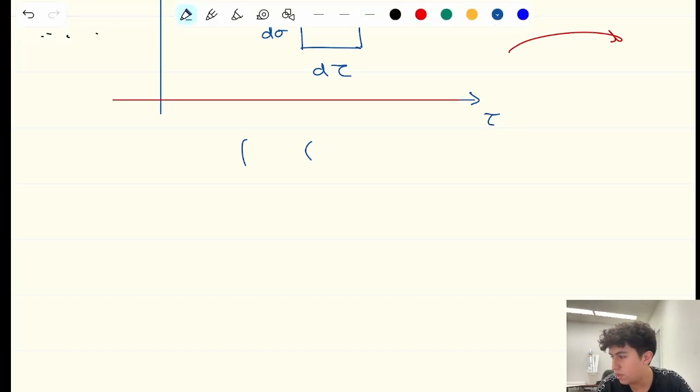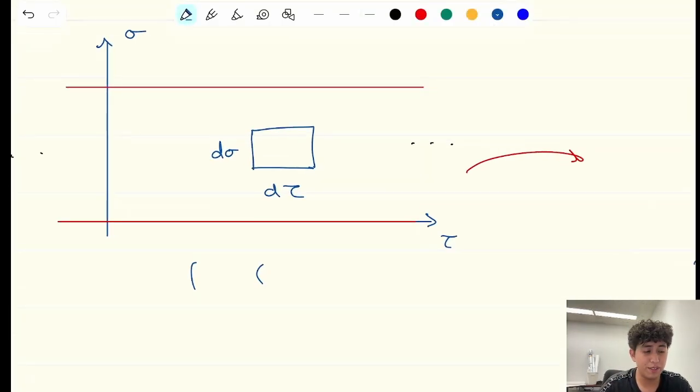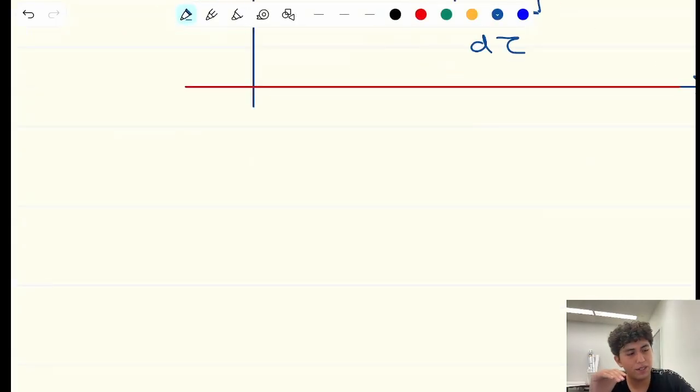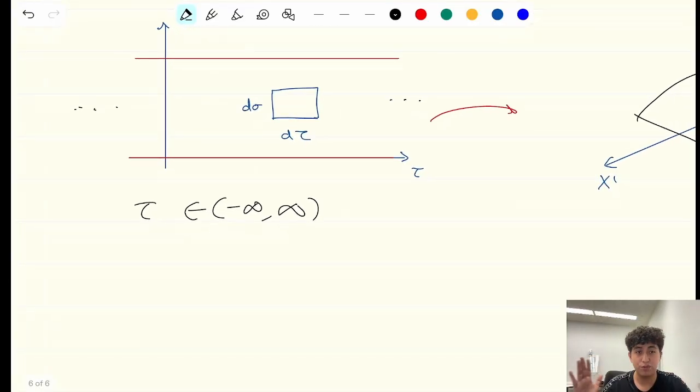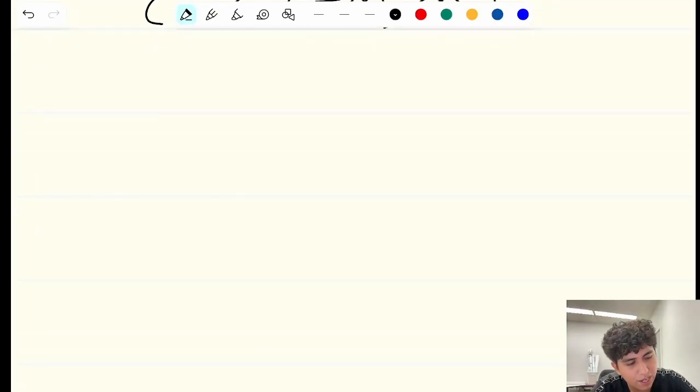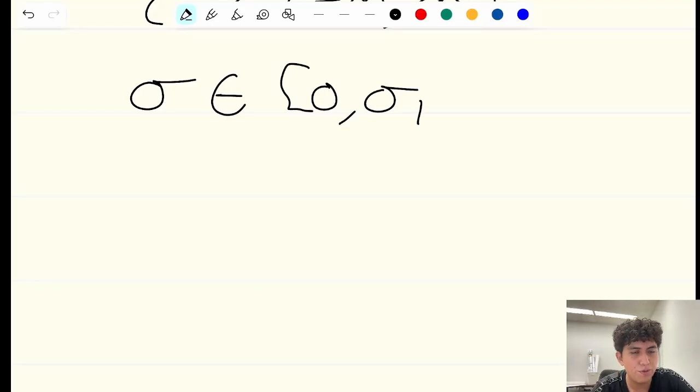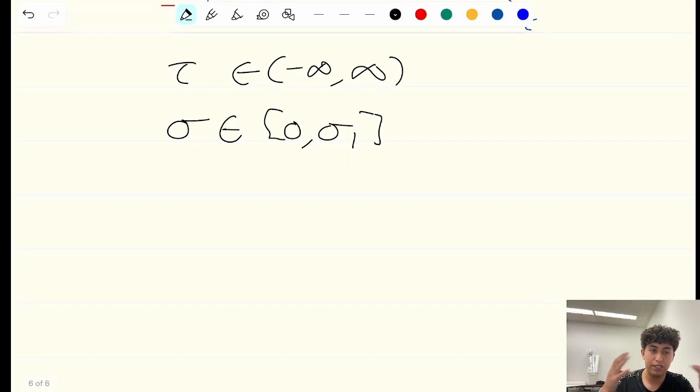Okay, so the parameterization is going to be different here. We're going to let this tau parameter, since it's a time-like parameterization, go from minus infinity to infinity, since the time has to flow. That's the justification. And then sigma, since the string has a finite length, goes from 0 to sigma 1.